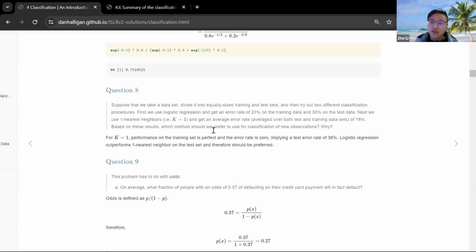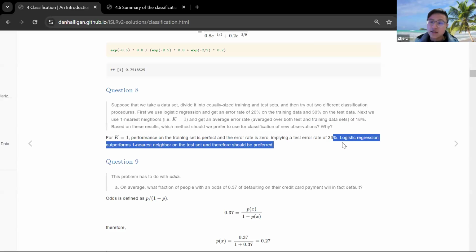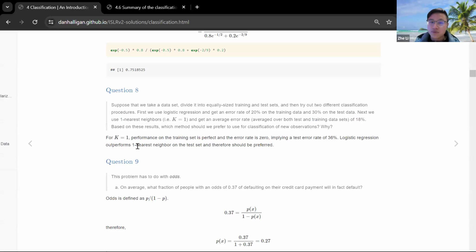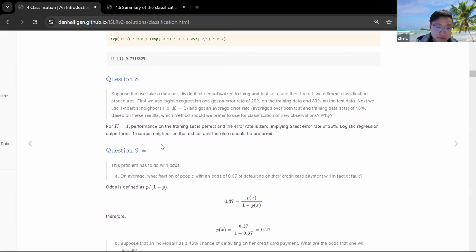If the average rate across the two sets is 18%, it means that the error rate on the test set has to be 36%. The real error rate that we're interested in is the one on the test set. So in this case, logistic regression outperforms one nearest neighbor.